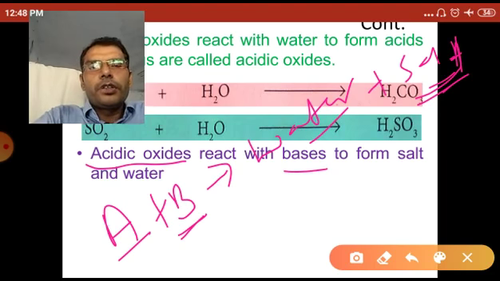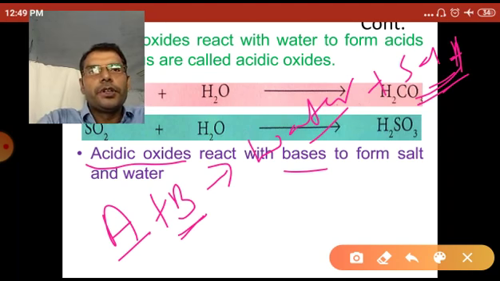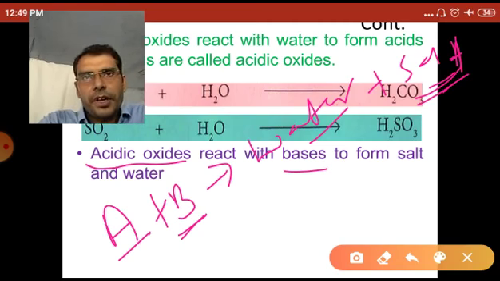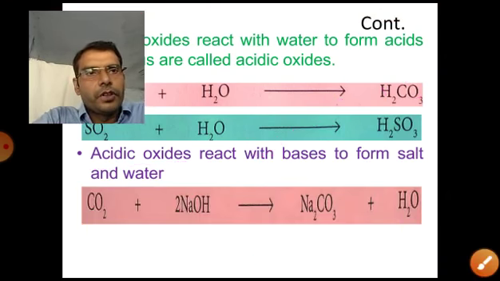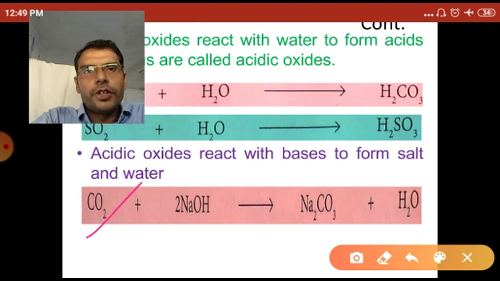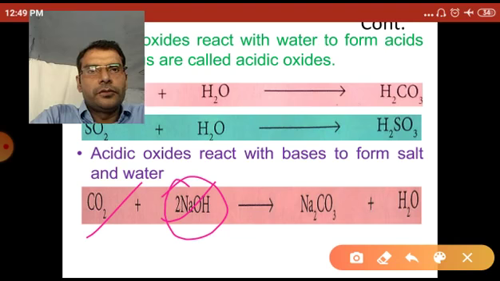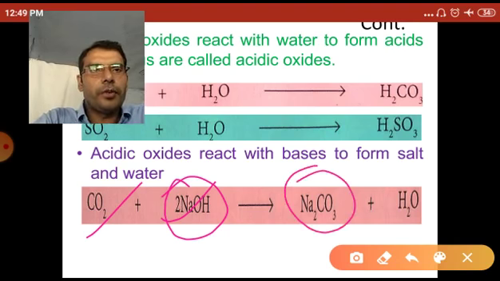So in this way, we can also say that the non-metallic oxides of carbon, sulfur and phosphorus react with base to produce salt and water. So these non-metallic oxides are acidic oxides. For example, when CO2 reacts with NaOH base, it forms the salt, sodium carbonate, and water.